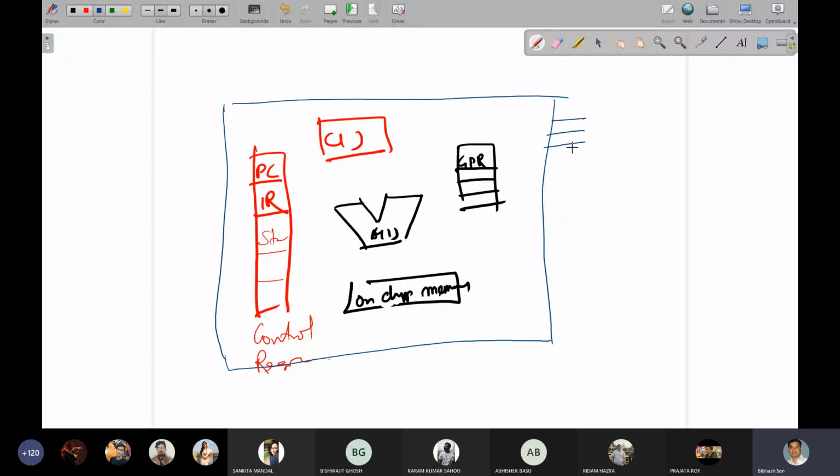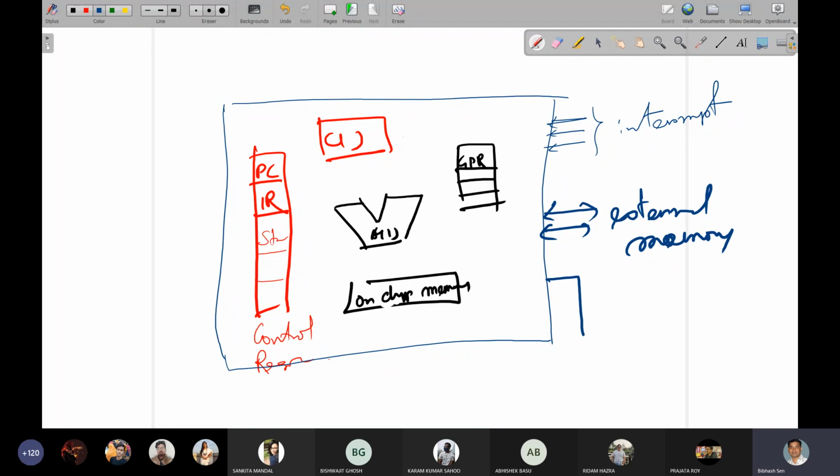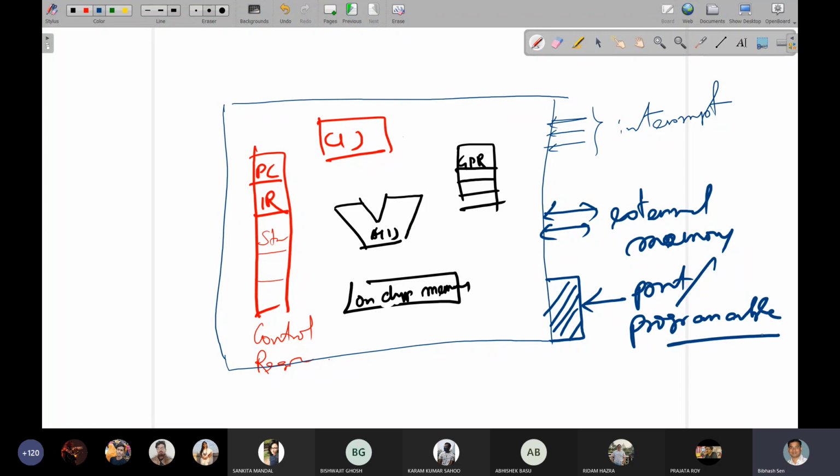Apart from that, the chip has some interfaces. That is the interrupt, on which interrupt signals will be received. Then you get an interface to external memory. Then you get a port, which is a programmable port, very important, because during programming the scratch pad or registers we use the programmable port, and there is a clock.